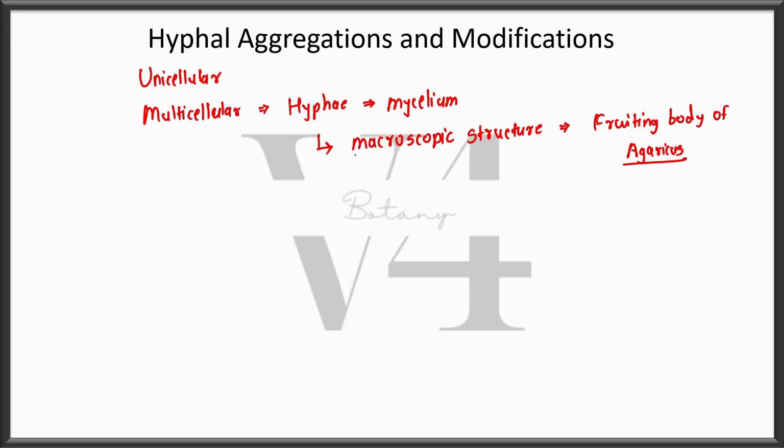So in some fungi, the macroscopic structures are formed by aggregation and modification of hyphae, and these structures are involved in different somatic as well as reproductive functioning.